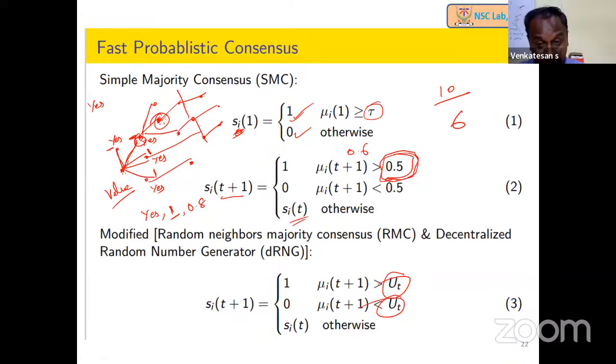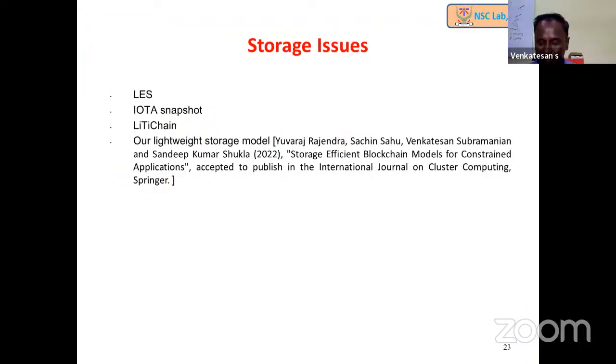Now the next issue: if we see the blockchain implementation, the issues of applying it, we can discuss in various aspects. One is computation. Because of the consensus protocol, but as we have seen, there are various consensus protocols we can apply according to our requirement.